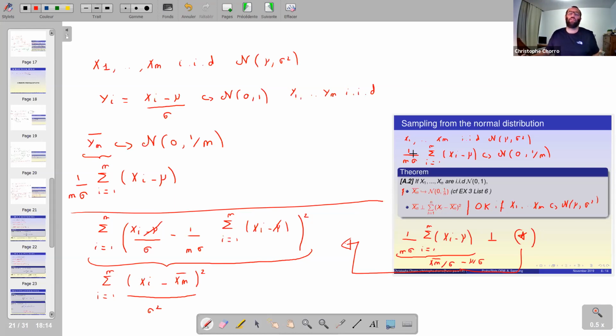And I want in the next part, just after, to show how I can use this result. I can use this result in order to build a confidence interval for the mean of a Gaussian distribution. So I will add a new page.